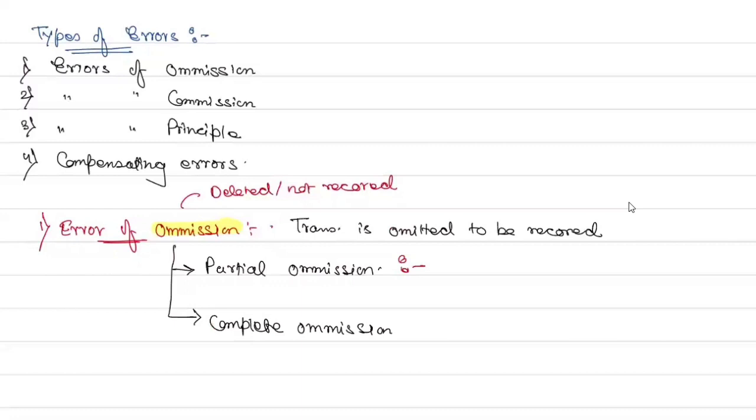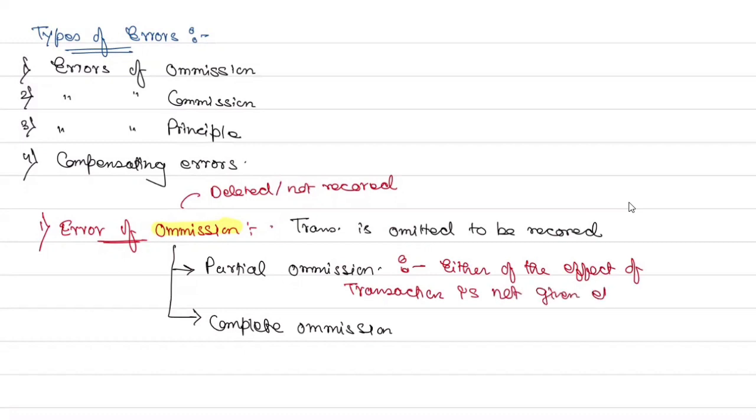Either one of the effects of the transaction is not given effect, that means debit or credit.